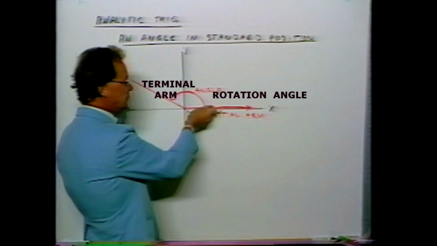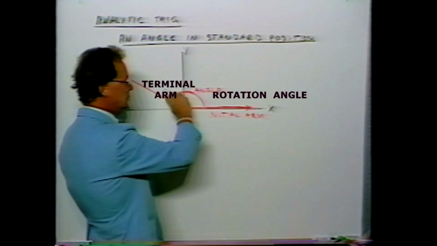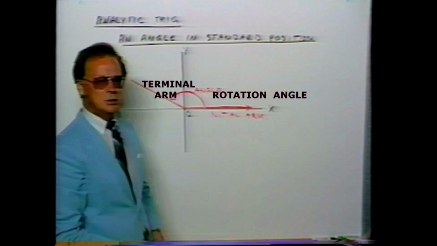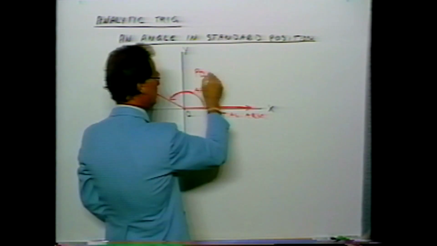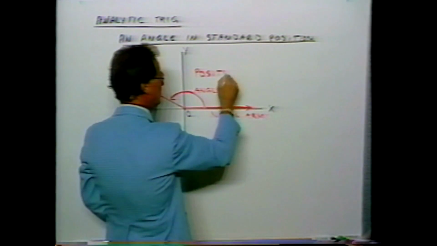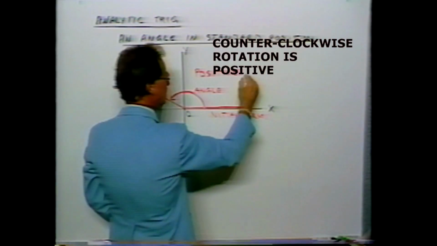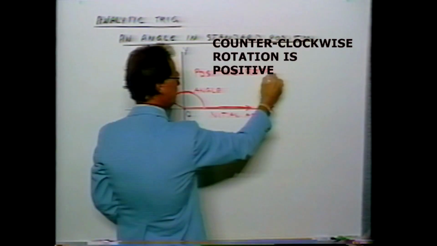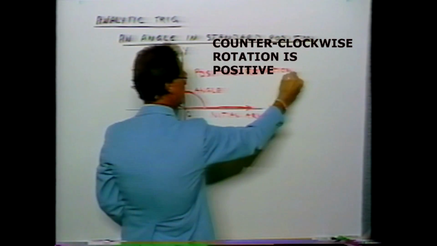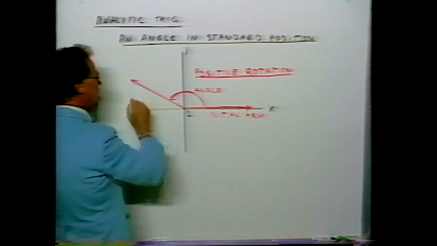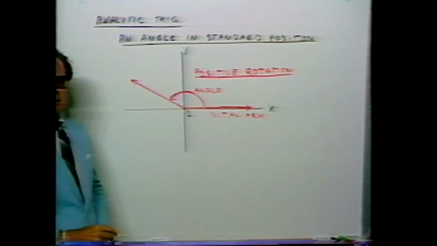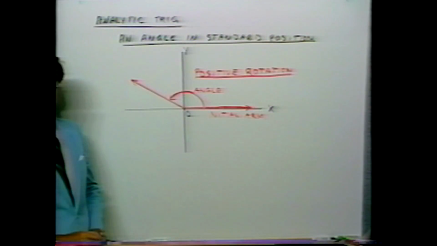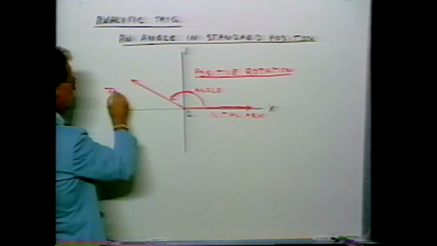The direction of rotation, which is counterclockwise, is considered positive rotation. I'll put an arrowhead at the end of this line. It is referred to as the terminal arm.